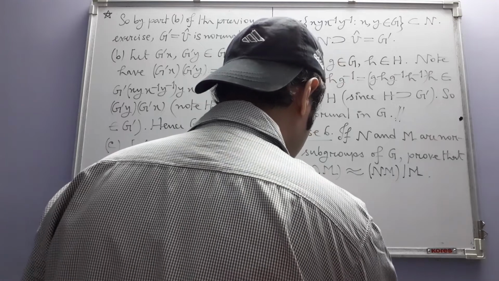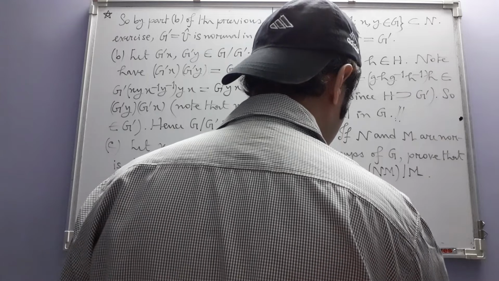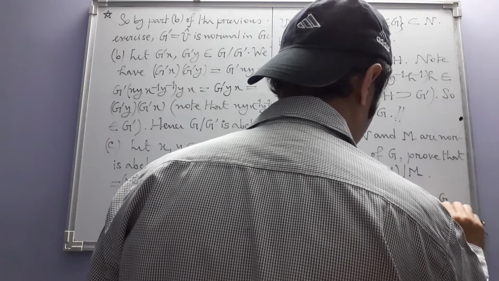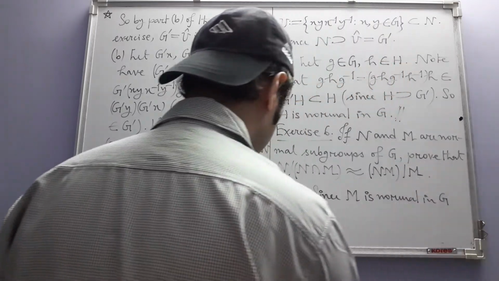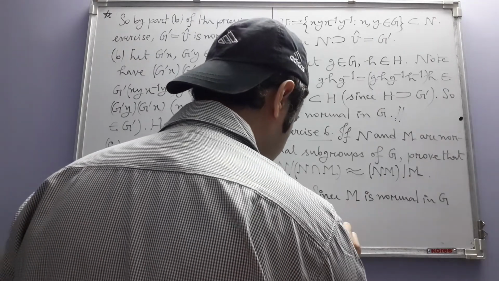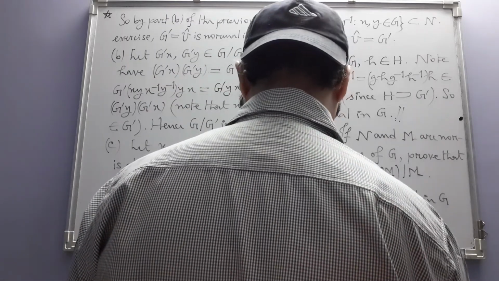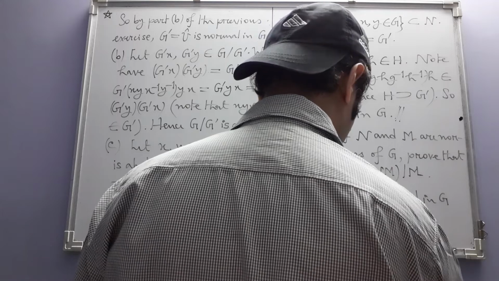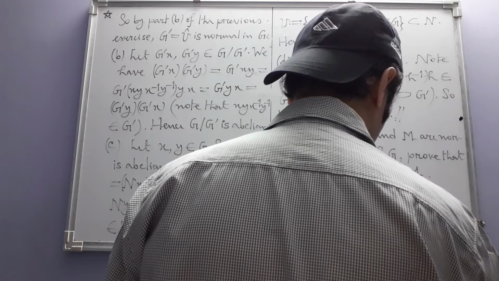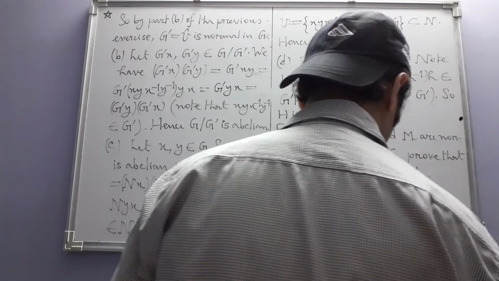Since M is normal in G, and M is contained in NM, the quotient NM by M makes sense.